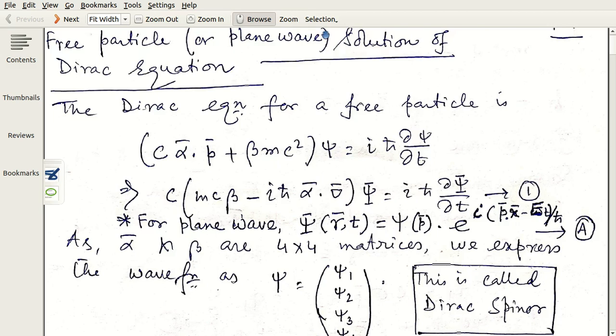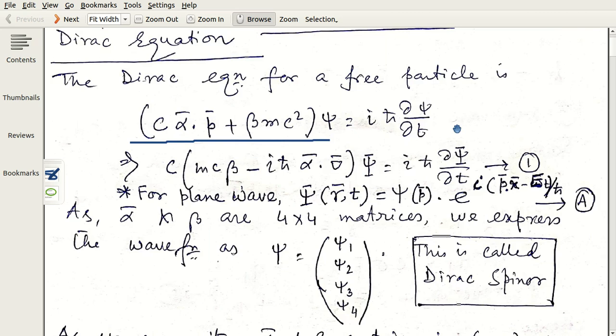The Dirac equation for a free particle has the Dirac Hamiltonian, as you know it, c alpha dot p plus beta mc square, and there is no external potential, so V equals 0. On the right hand side it is E equals i h cut del del t, the time dependent operator part of the energy.